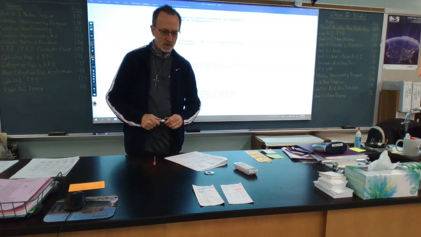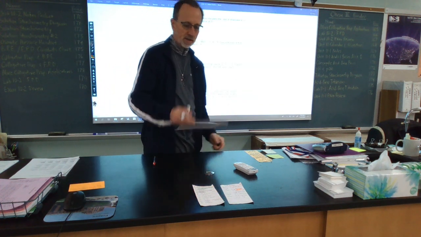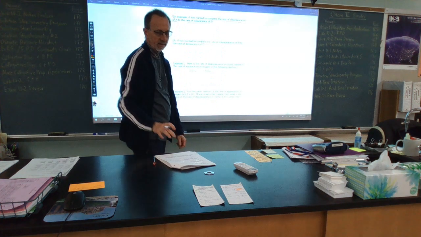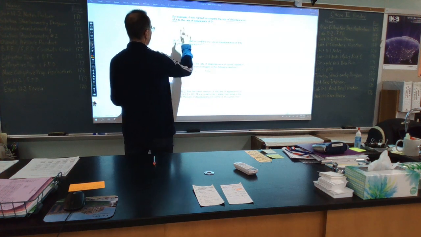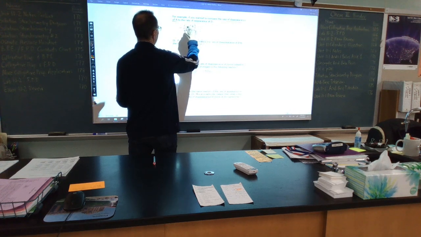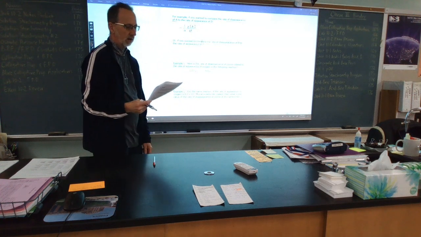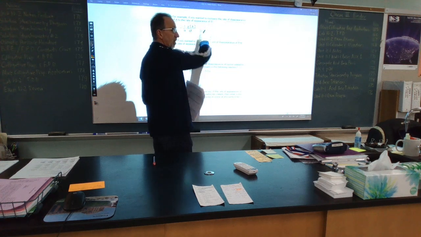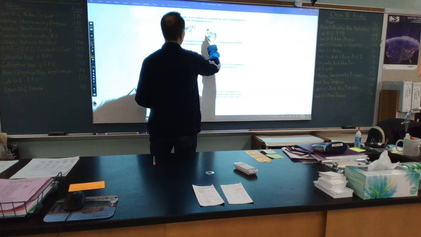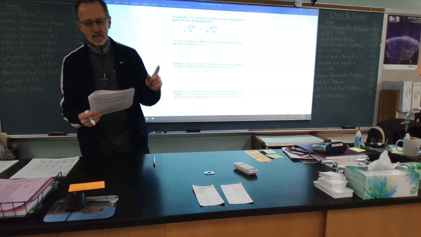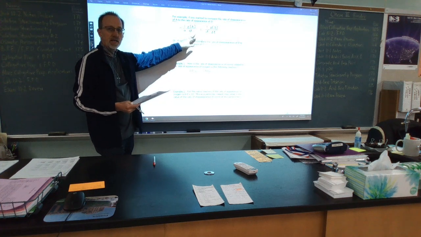For example, if you wanted to compare the rate of disappearance of A to the rate of appearance of D. The rate of disappearance of A was 1 over a times the change in concentration of A. The rate of appearance of D is 1 over d, the mole number, times the change in concentration of D over delta t. So this would be the expression we use.